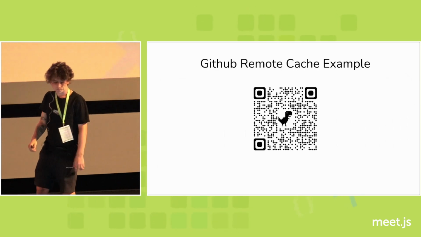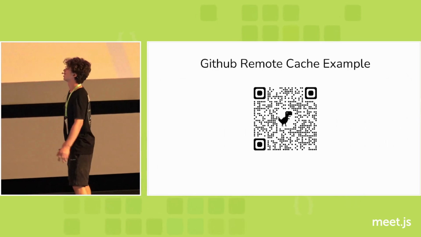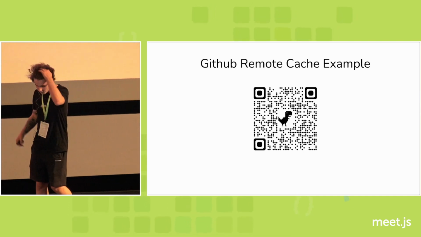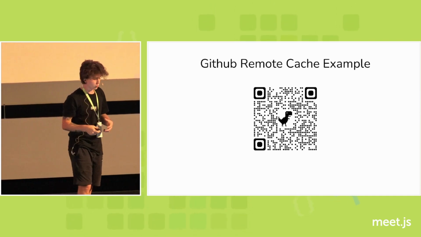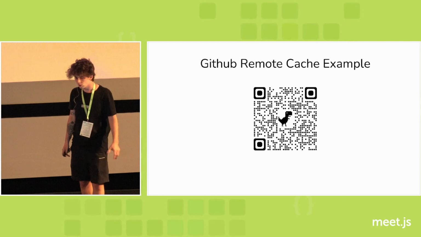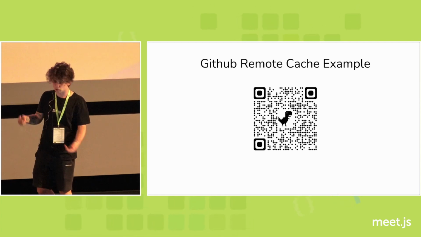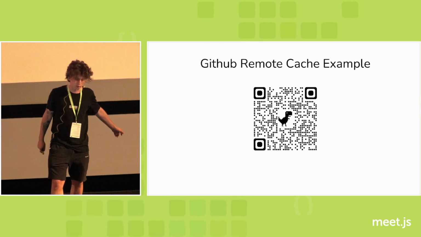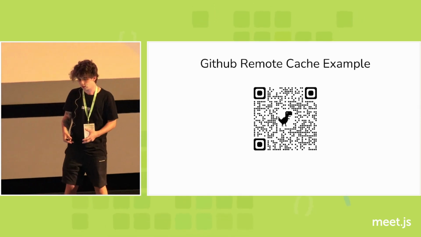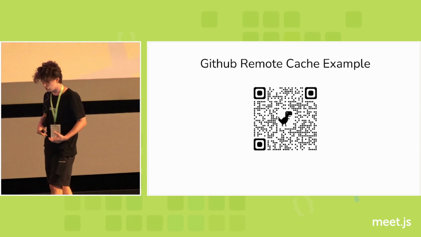And that's all. From this point, you can use this knowledge to implement your own cloud solution for remote cache. For example, you can use AWS or Azure or Google Cloud or your own server to store this cache and download it from the cloud.